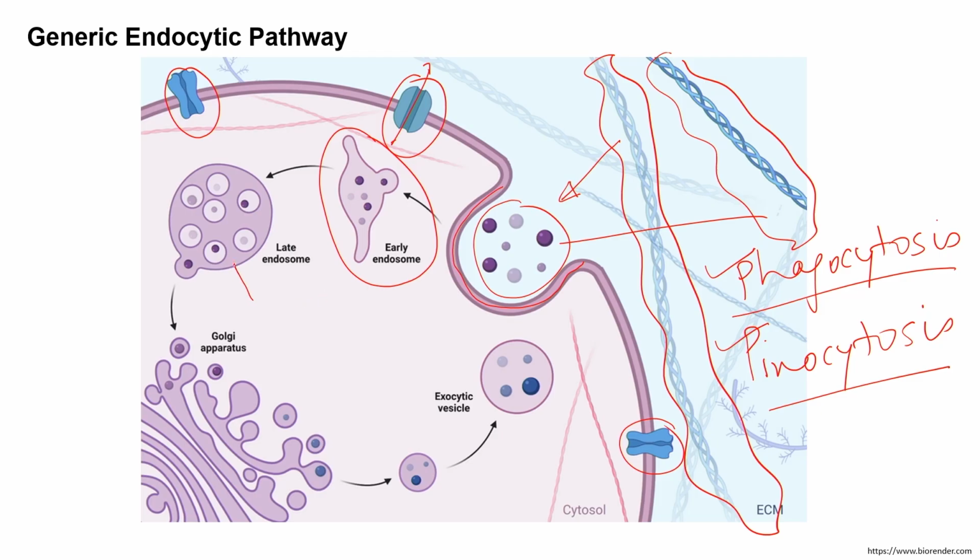H plus ions can be internalized to increase the acidic environment of the endosome, and this could lead to the conversion of the early endosome into a late endosome, or the mature form of the endosome. Then these small pinched out antigens can be processed through the Golgi apparatus, and then come out through exocytosis in the form of a vesicle. This could be a pathway which regulates cellular homeostasis.